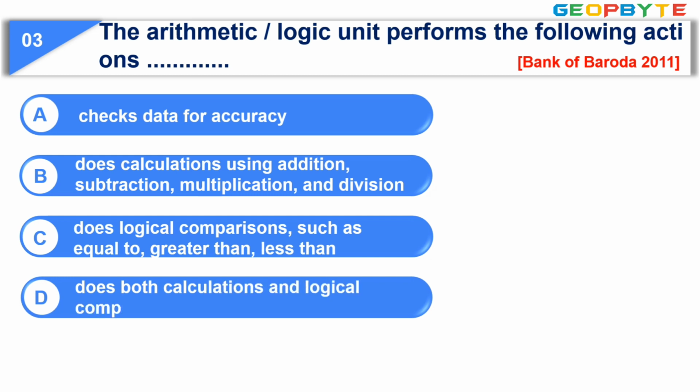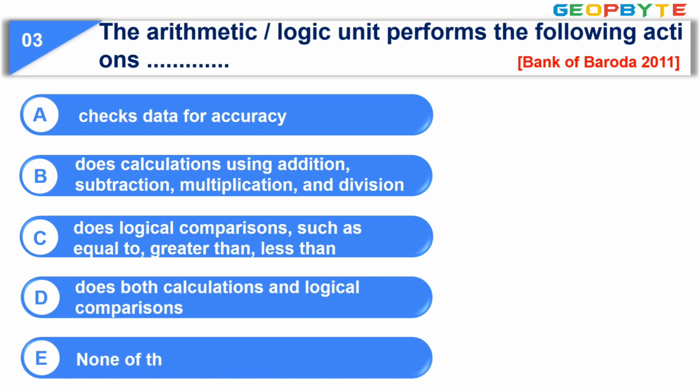Option D, both calculations and logical comparisons. Option E, none of these. And the correct answer is option D, does both calculations and logical comparisons. So the arithmetic or logic unit performs addition, subtraction, multiplication, division, and logical comparison such as equal to, less than, and greater than.